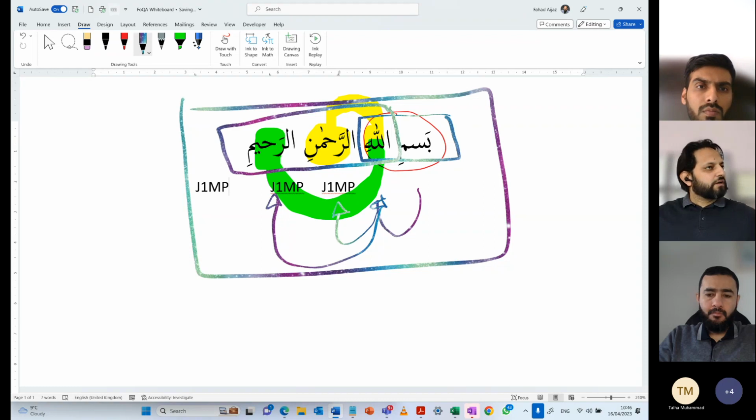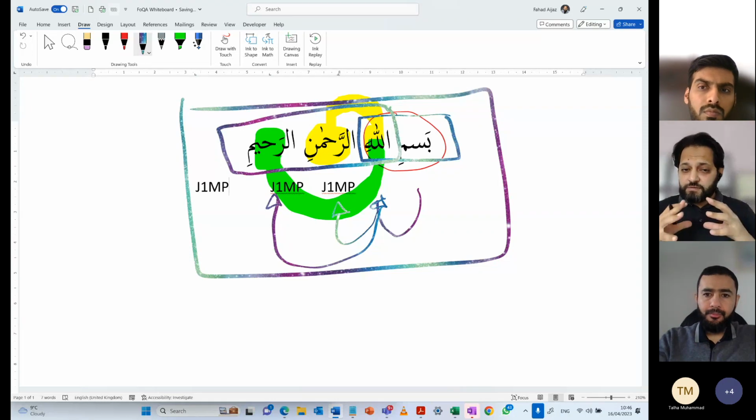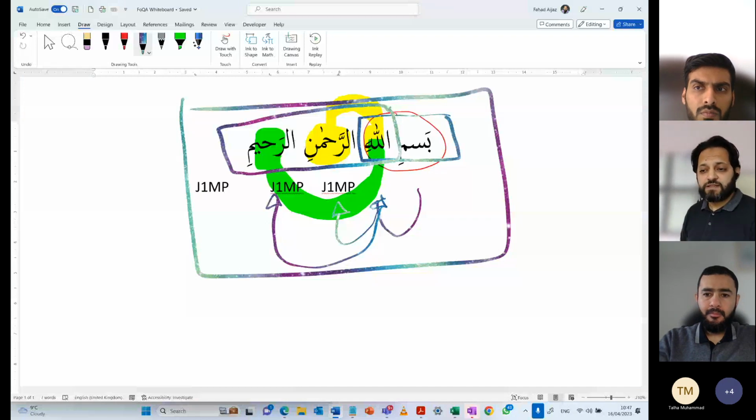It's kind of multi-fragments coming together. When we say this is a large fragment, we are saying it's not a sentence. It is still not giving you the full meaning. What you're saying, with the name of Allah, the most gracious and the most merciful. Okay, then what? That missing part is still there.